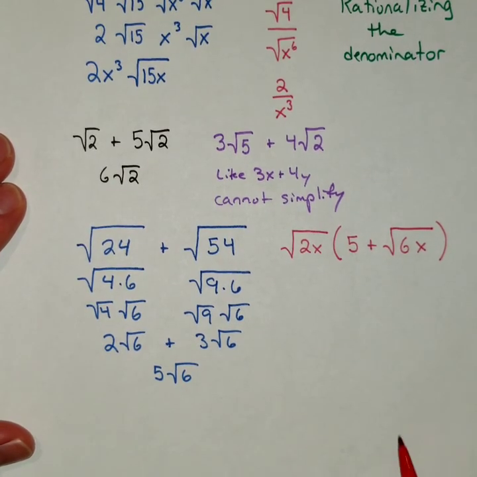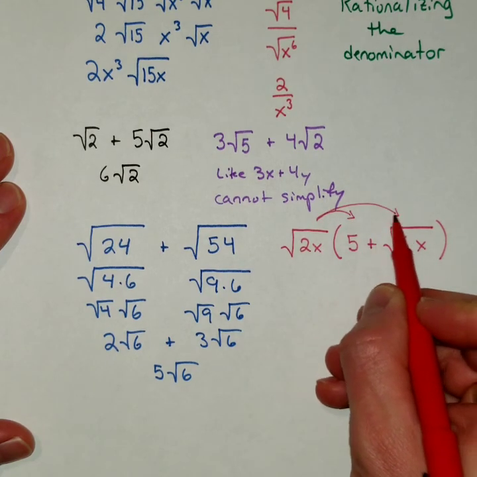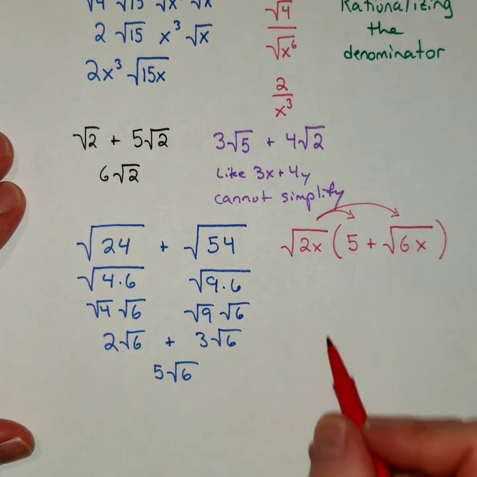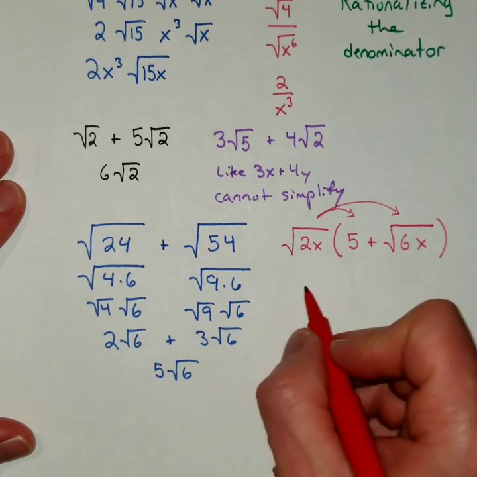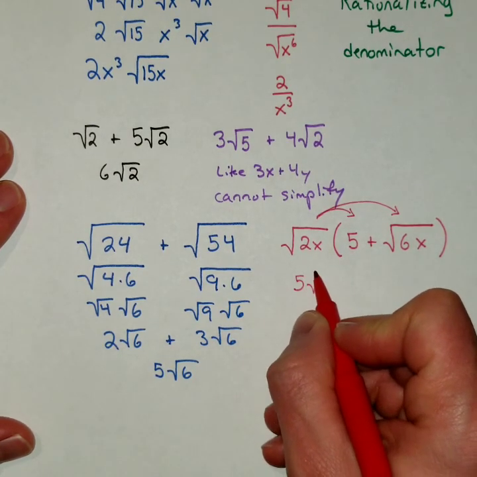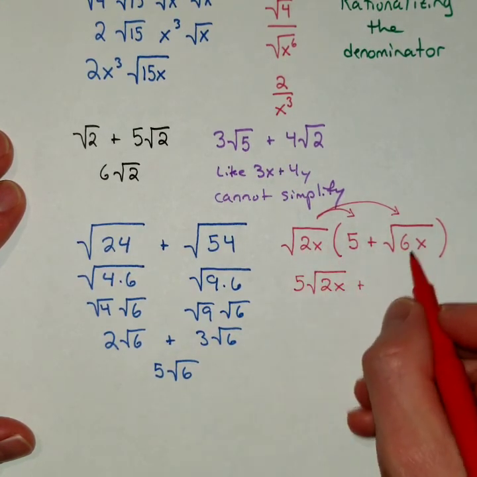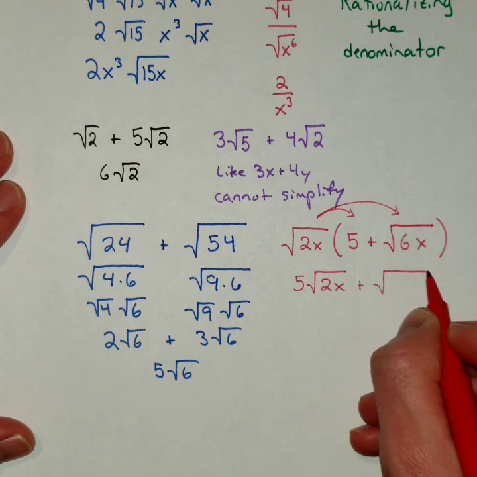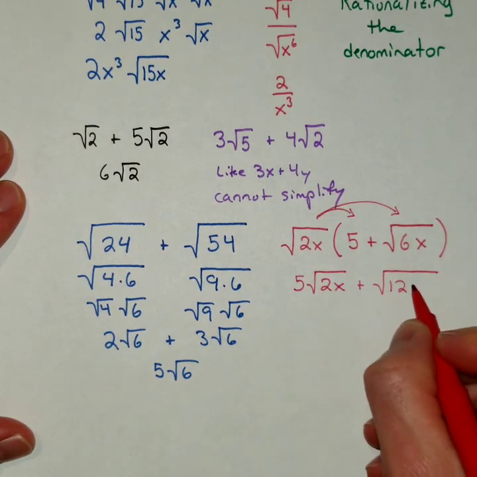Okay, and so on this one I distribute this entire root, distributes in, and I get, well, 5 is on the outside of a root, it's not in a root, so I got to keep those separate. 5 root 2x plus, now this other root is going to, I can combine those. 2 times 6 is 12, x times x is x squared.